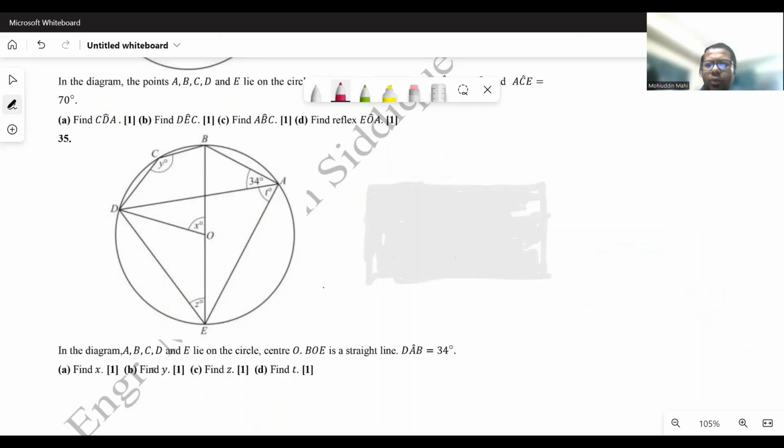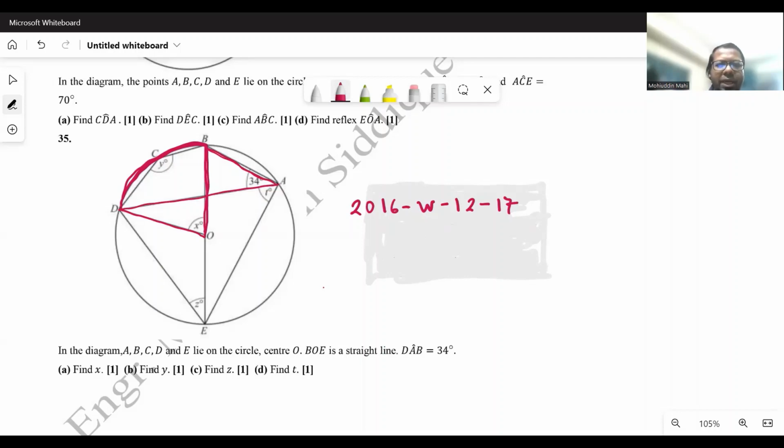Question 35 is taken from 2016 winter variant 1-2 question number 7. So at first we need to find out the value of x. Now look at here, on the same arc BD, angle at the center is x, and angle at the circumference is 34.